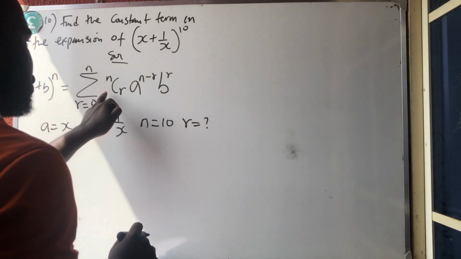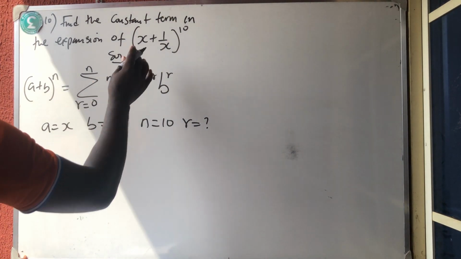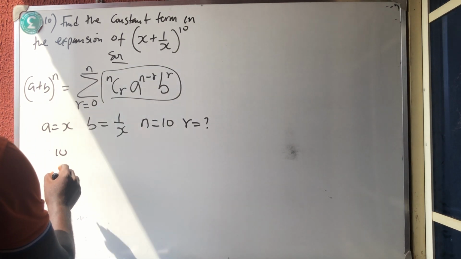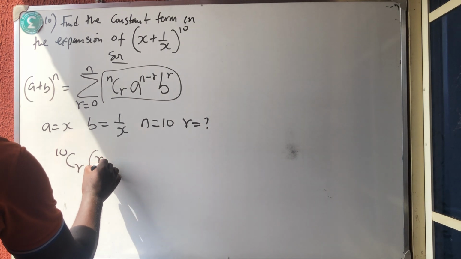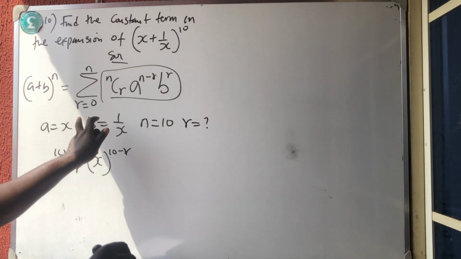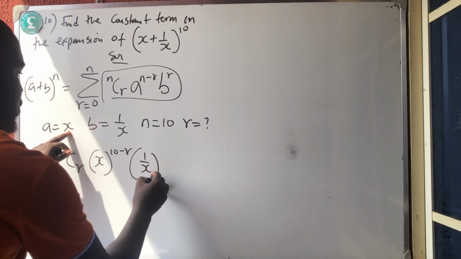Let us substitute in this formula. I'm having 10 combination r, in bracket of x raised to power 10 minus r, because my a is x. Then my b is 1 over x all raised to power r.